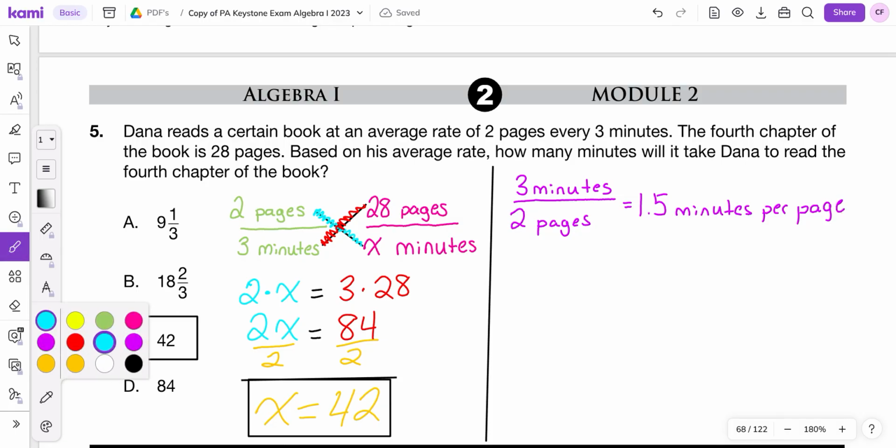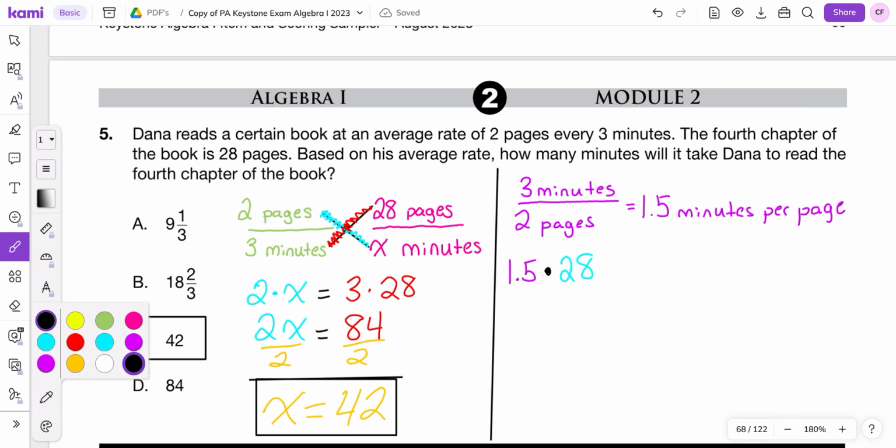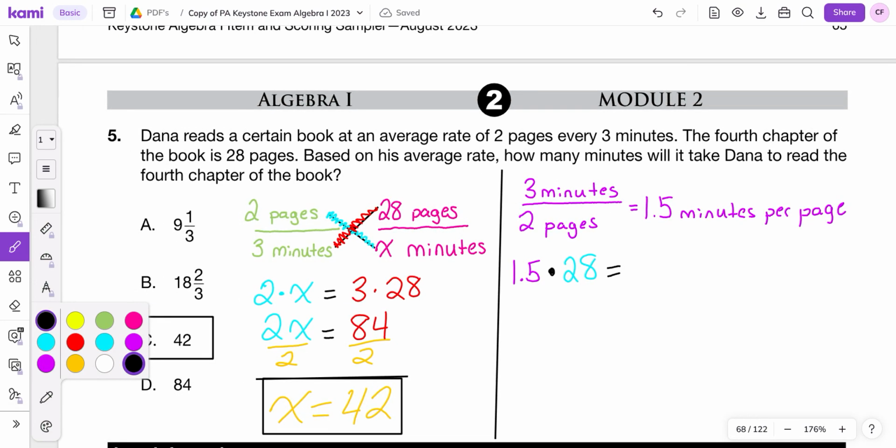Then we know that chapter 4 had 28 pages, so we could take that 1.5, the rate at which they read, 1.5 minutes per page, and we can multiply that by the number of pages, 28, and that would also give us a solution of 42.